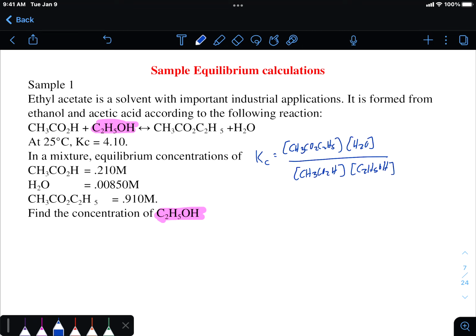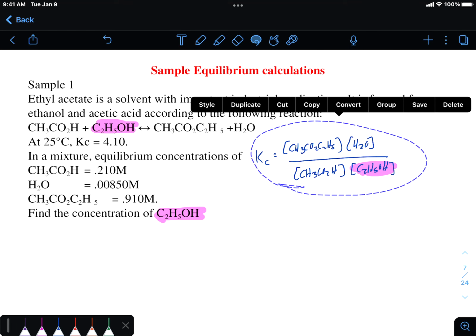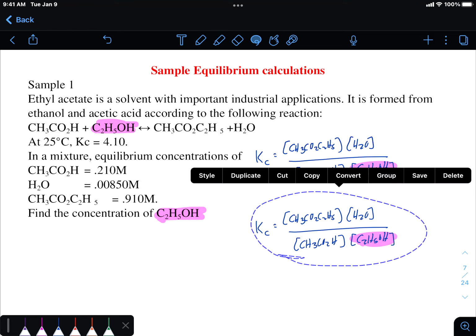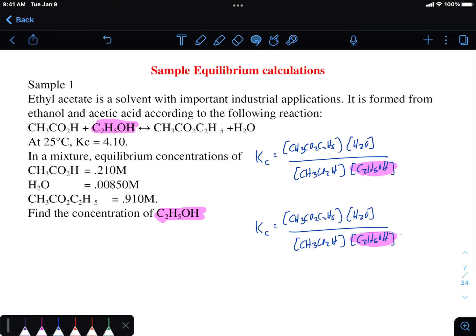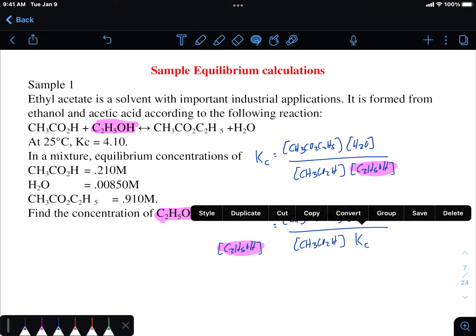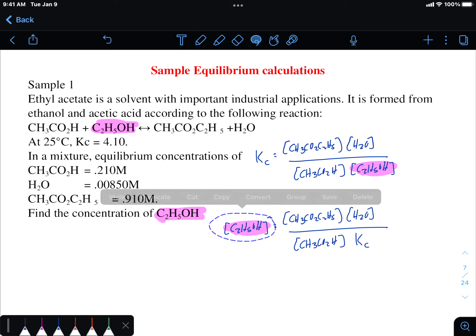So you write out your products over your reactants and note what it is that you are trying to find. You're trying to find the concentration of ethanol, and so you just rearrange it. I'm going to cheat and just duplicate this and move stuff around. There we go. So we plug everything in.